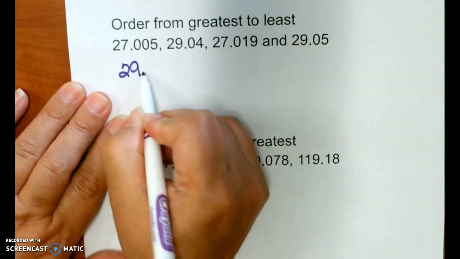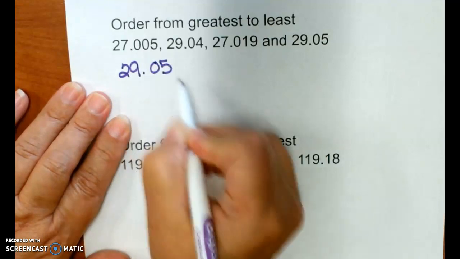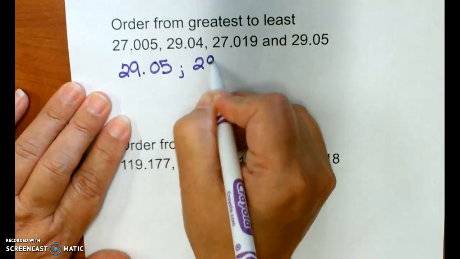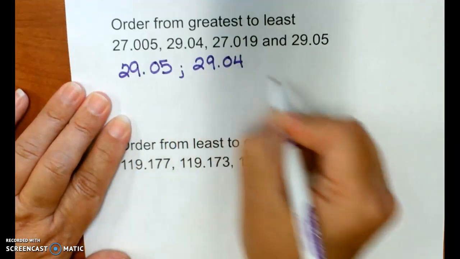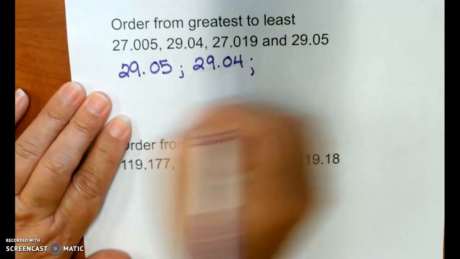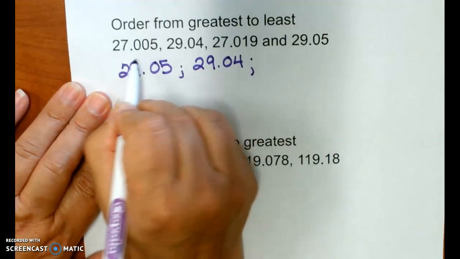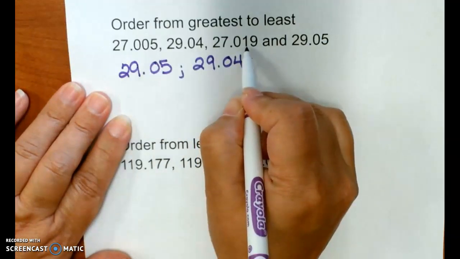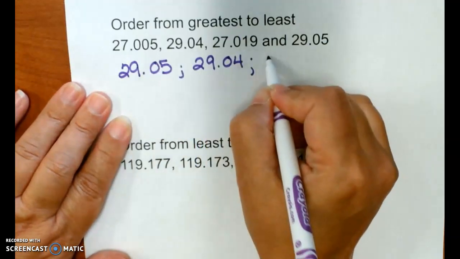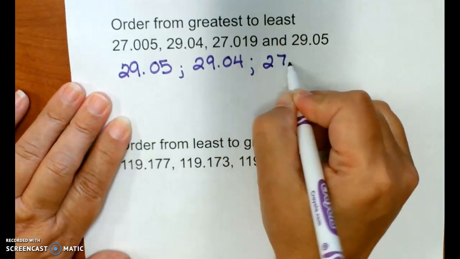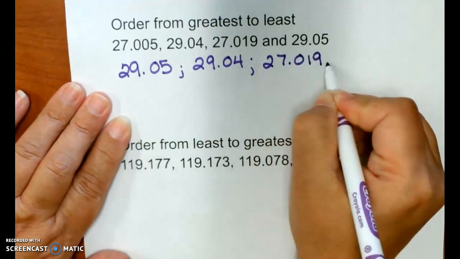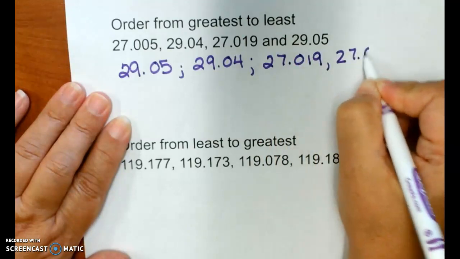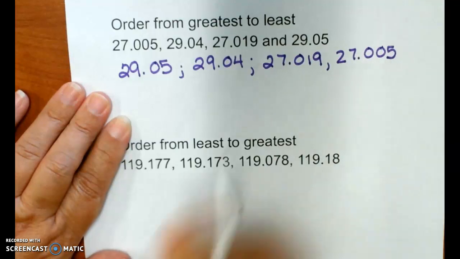So 29 and 5 hundredths is my biggest. 29 and 4 hundredths is next. 27 is my next smallest number, and 5 thousandths is smaller than 19 thousandths, so 27 and 19 thousandths is next, and last is 27 and 5 thousandths.